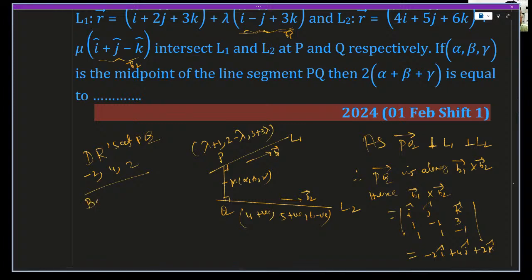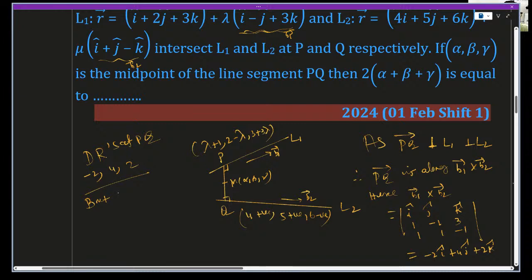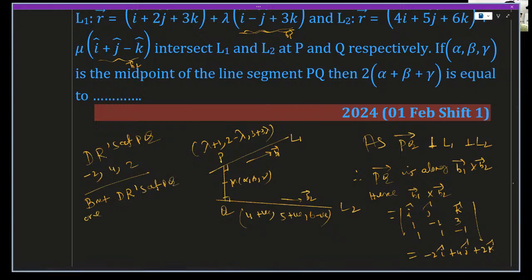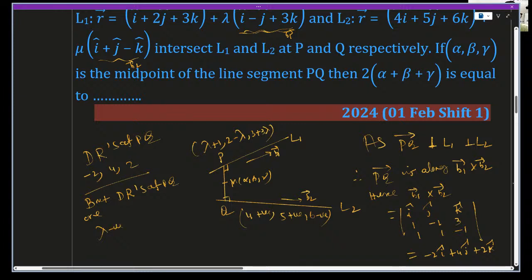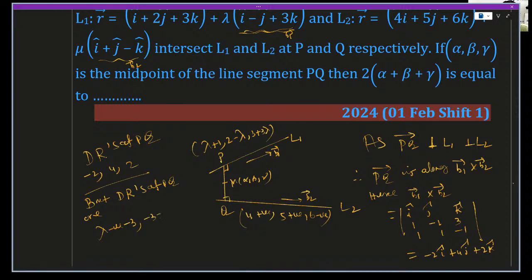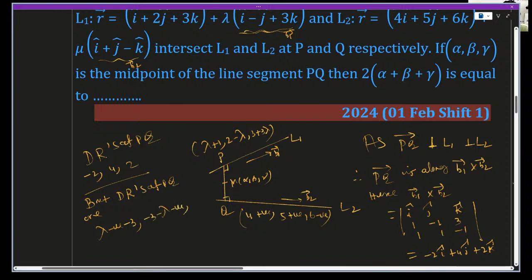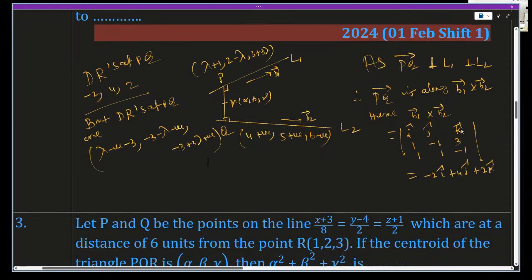But in terms of lambda and mu, the direction ratios of PQ are what? Lambda minus mu minus 3, minus 3 minus lambda minus mu, and minus 3, isn't it? These are the direction ratios of PQ.